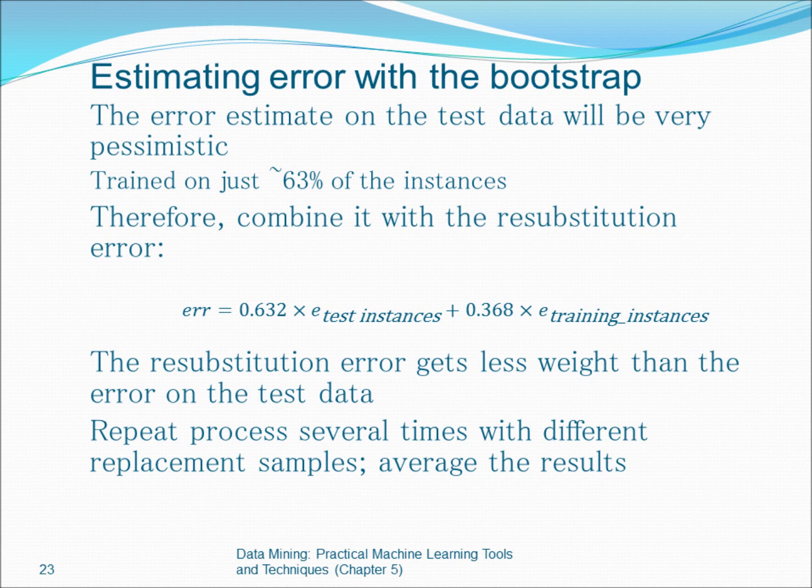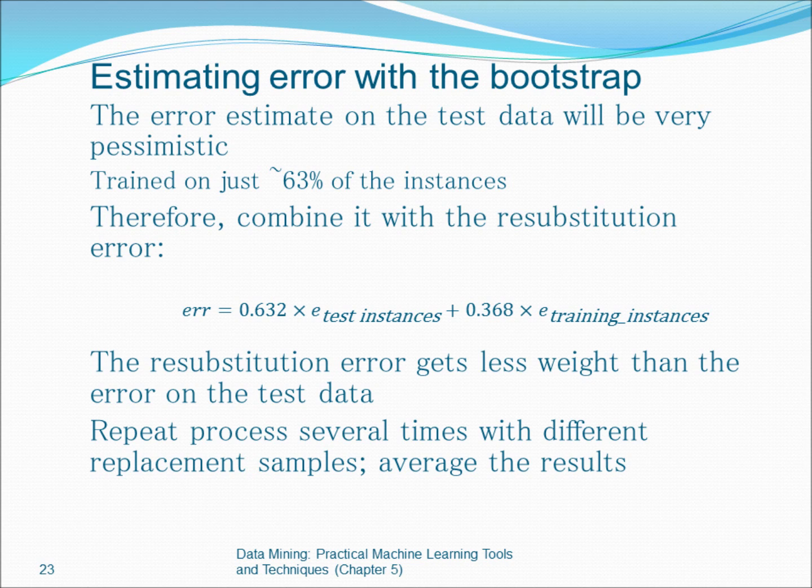But there's a problem with that. Because you always use the 32% never-seen examples for testing, you end up with a very pessimistic estimate of your error, because everything you test on was never seen in the training. And each time you do it the same way, right?